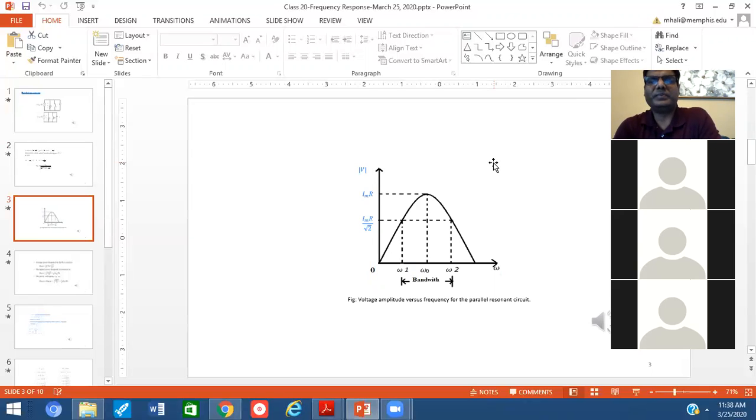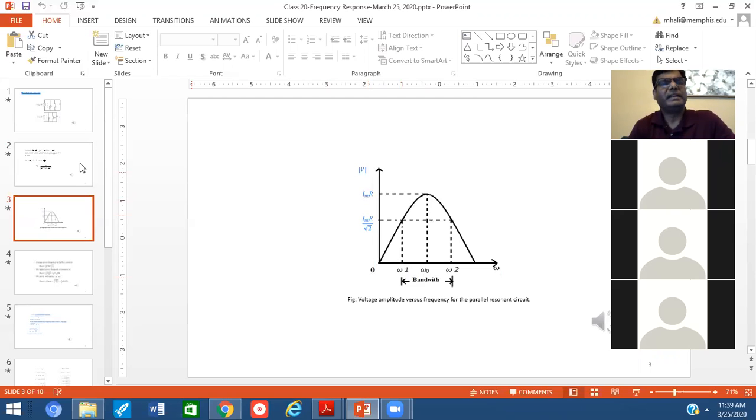And then there are 2 points, omega 1 and omega 2, which are called half power frequencies. As you can see on the y-axis, that is the magnitude of voltage axis, corresponding to omega naught, the magnitude of voltage is Im multiplied by R.